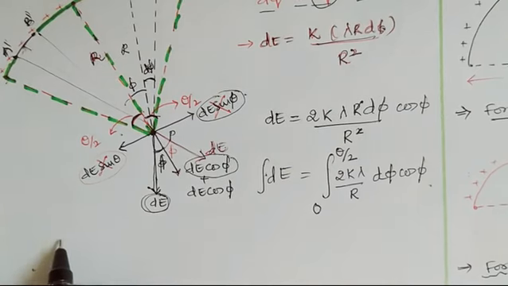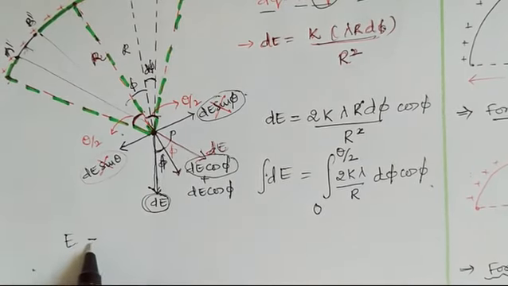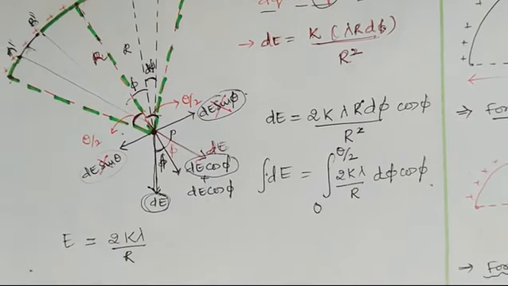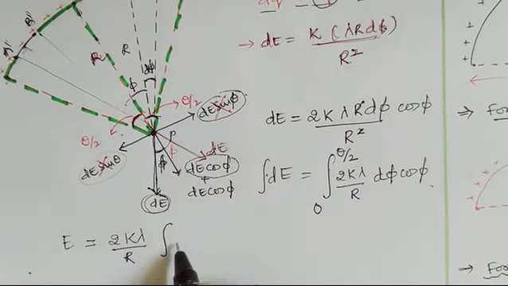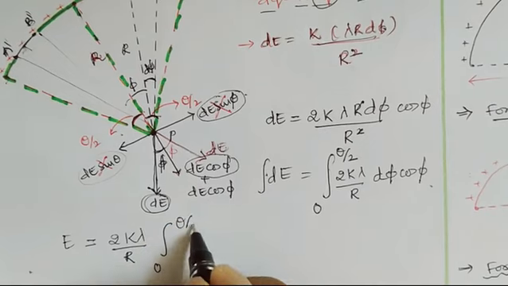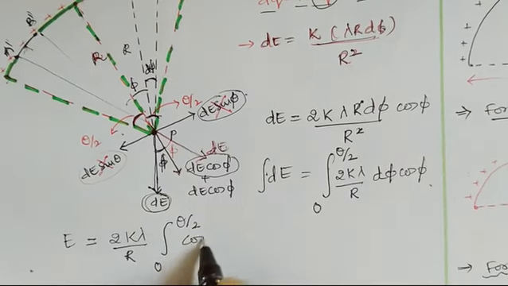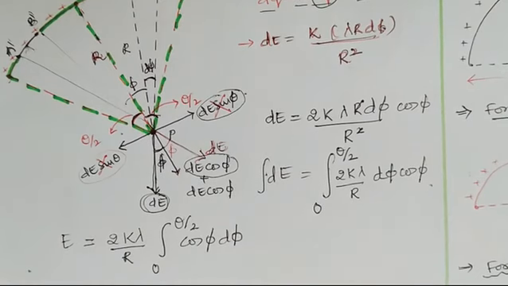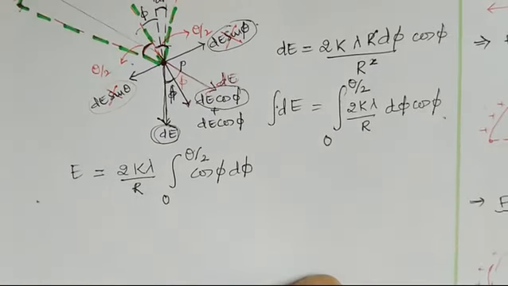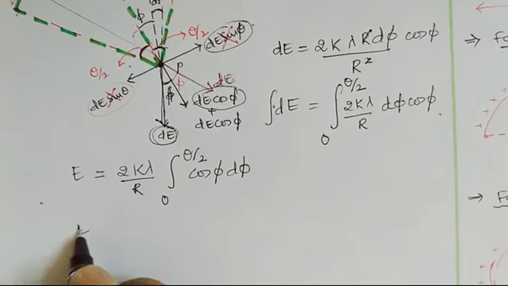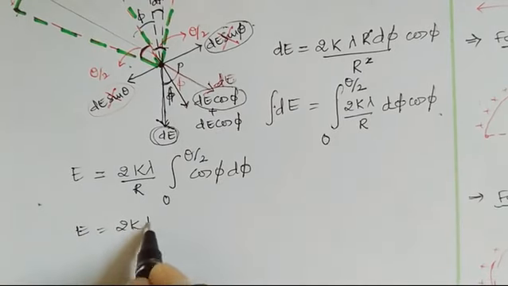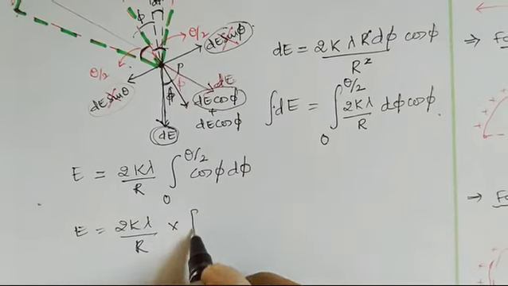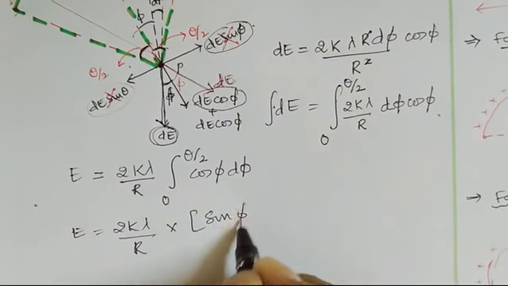Now take all constants outside. So total electric field will be equal to 2k lambda divided by r, integration 0 to theta by 2, and inside you get cos phi into d phi. Now integration of this will give you E equal to 2k lambda divided by r into integration of cos phi, which is sin phi.